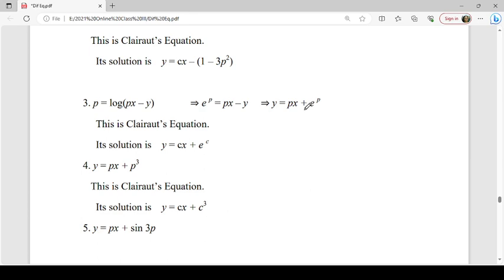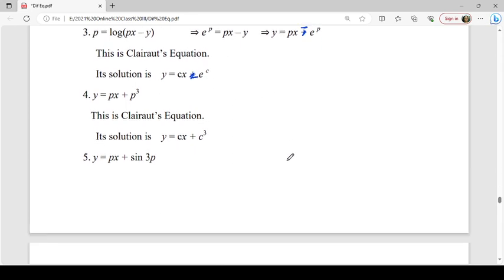So this is minus, this is minus. Solution is this one. So these are Clairaut's equations.